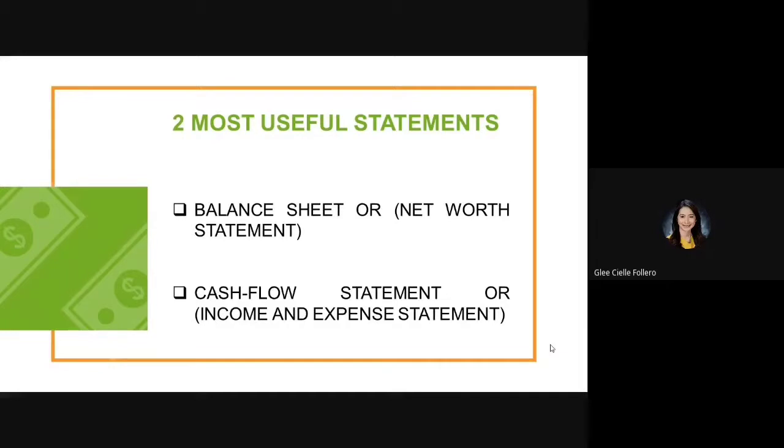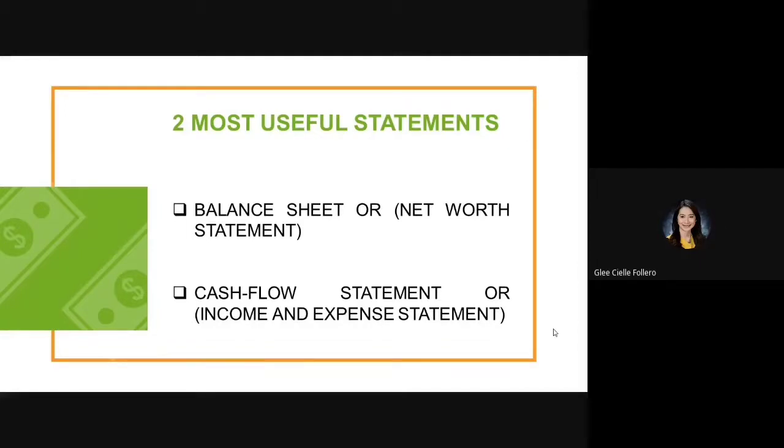Okay, so it answers the question, where are you financially right now? And then the other most useful statement is the cash flow statement, or the income and expense statement. It lists and summarizes income and expense transactions that have taken place over a specific period of time, such as a month or a year. It tells you where your money came from and where it went.